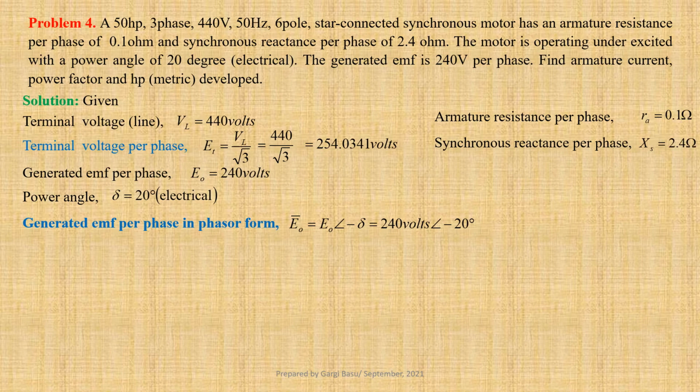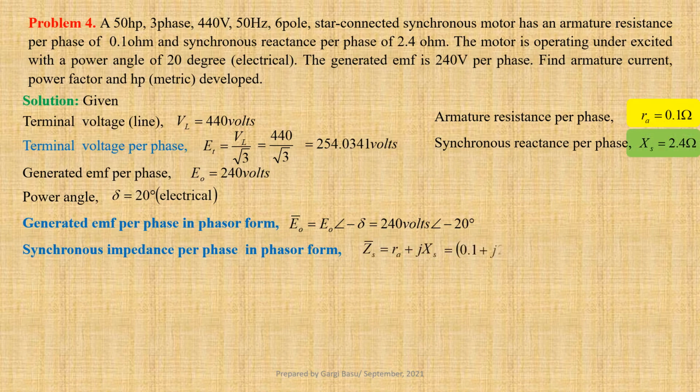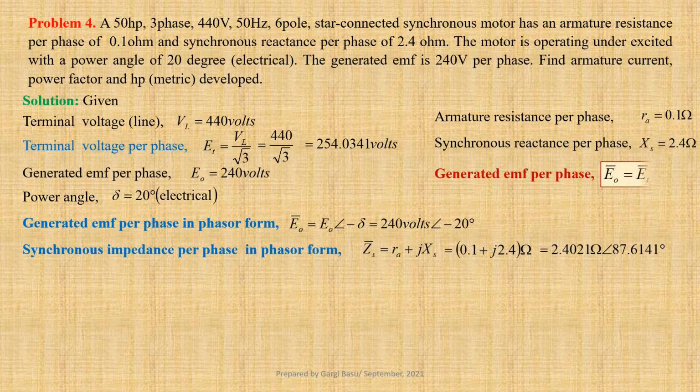Let us now write down the synchronous impedance per phase in phasor form. Zs equals Ra plus jXs, that is equal to 0.1 plus j2.4 ohm. This may be written in polar form as 2.4021 ohm at an angle 87.6141 degree.